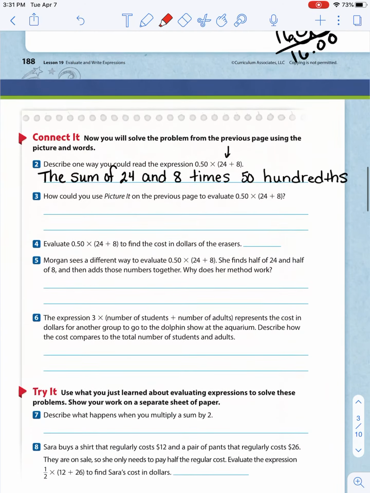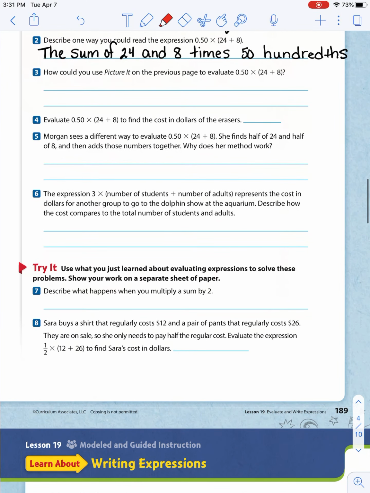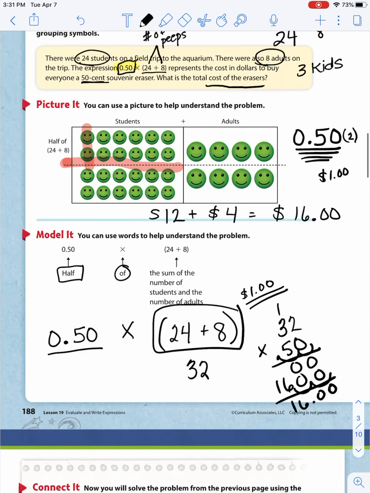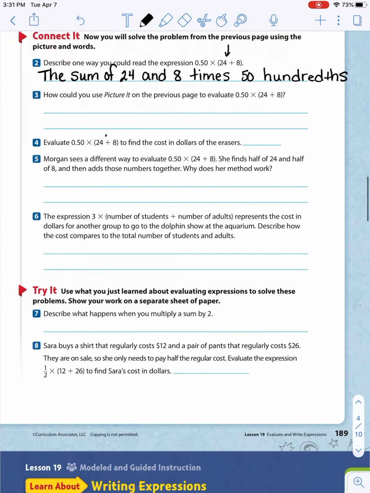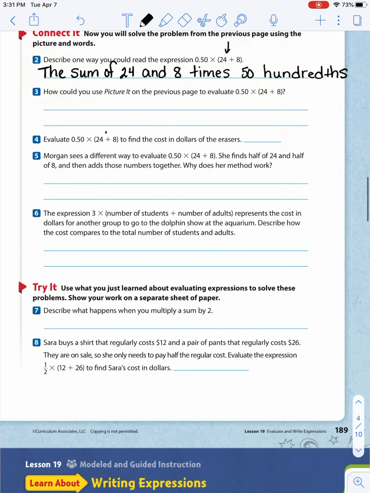So that makes it a little bit easier to solve, okay? Now, number 4 says, evaluate 50 cents times 24 plus 8 to find the cost in dollars of the erasers. We went ahead and did that on the model it and the picture it. So go ahead and put your answer in for number 4.